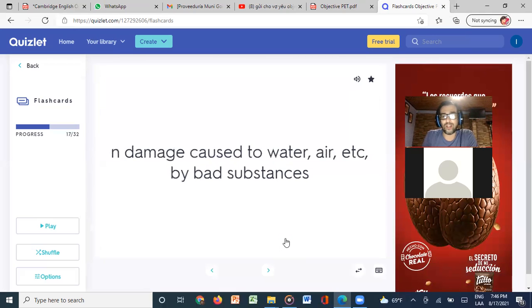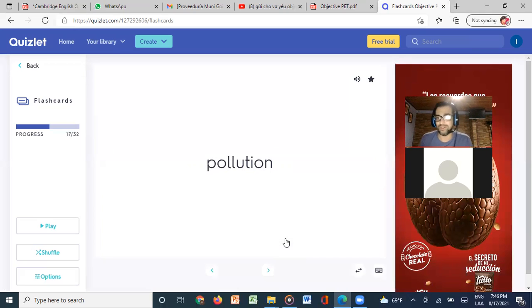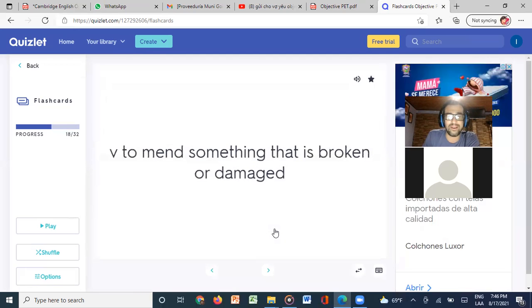Well, that's damage caused to water, air, etc. by bad substances, right? Like for example, the cars. They pollute the air. So that's pollution in general, right? Now, number 18, we have repair. Very easy. Repair is to mend something that is broken or damaged, right?